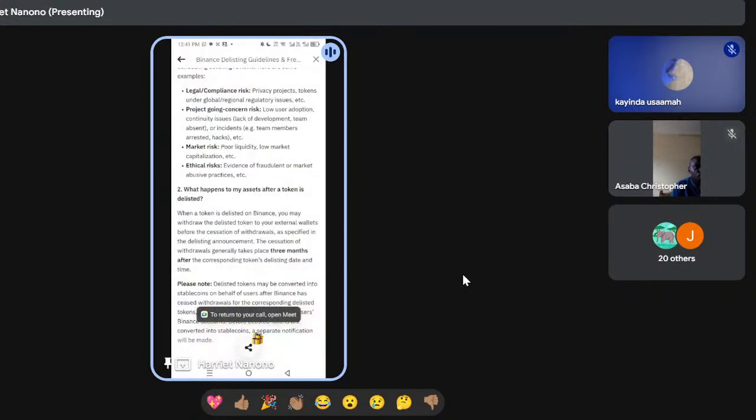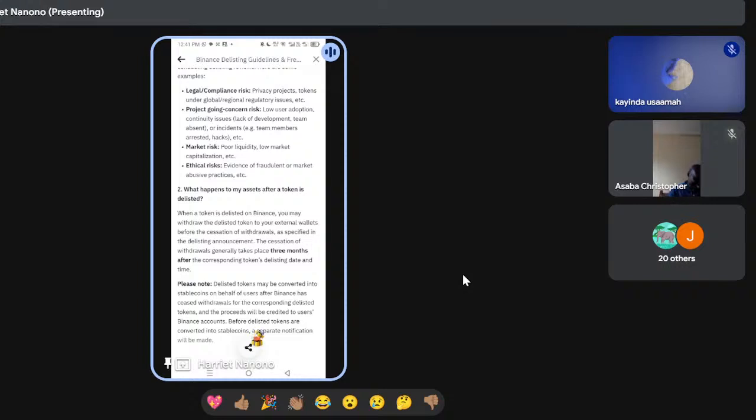I've been looking at another question. What happens to my assets after a token is delisted? People always ask me that, because there are people who buy tokens or coins and then stay for so long without checking on them. So what happens in case they announce the delisting?